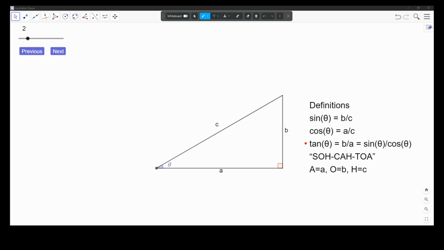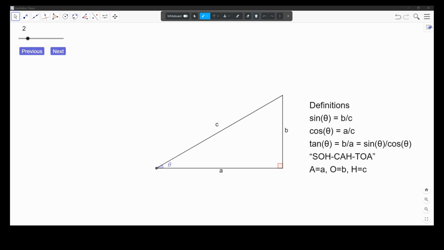The other two are more fundamental. That's the tangent function. It takes as its argument theta, and its value is the ratio of the opposite side divided by the adjacent side. If you divide the other two definitions, you'll arrive at the same thing. So the tangent function is a little redundant.